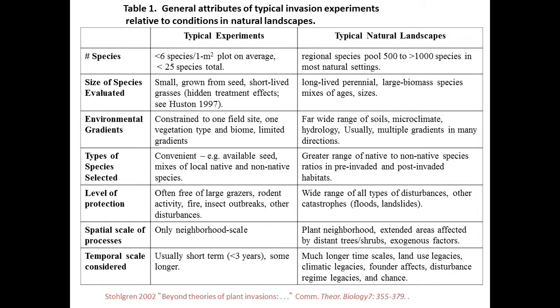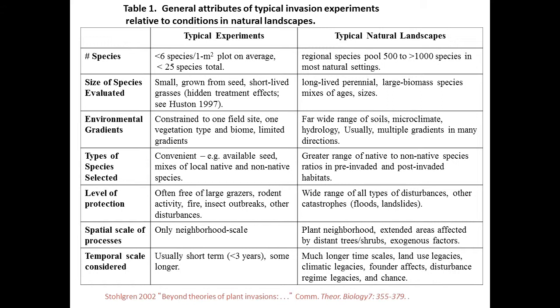As for the level of protection, most experiments, especially if you go to that much trouble, are very well protected. You stop grazing, you usually halt fires, and you try to stop the ground-dwelling mammals from ripping up your plots. Whereas in nature, these kinds of disturbances are very common, and you get even bigger ones, floods and landscape disturbances at larger scales.